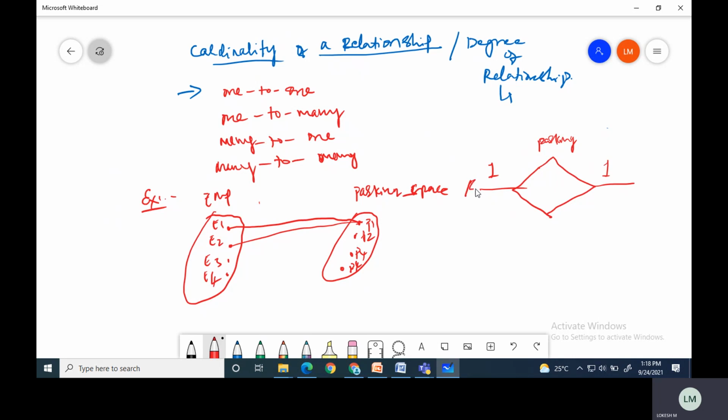This is one relation R1 and R2. We have a relation between these two, that is 1 to 1. When we have many to 1, this is called many to 1.